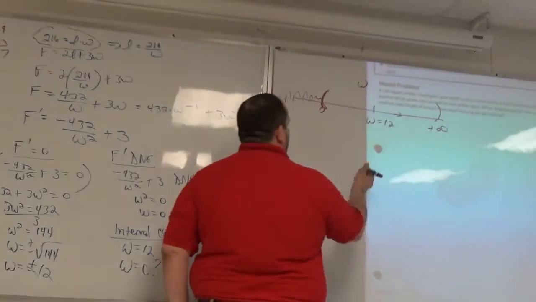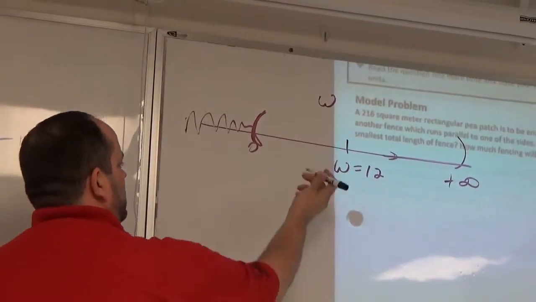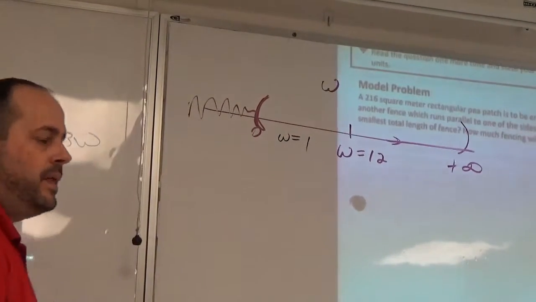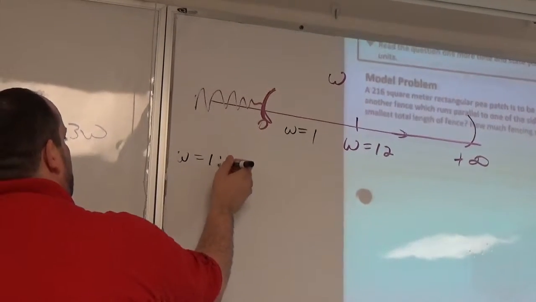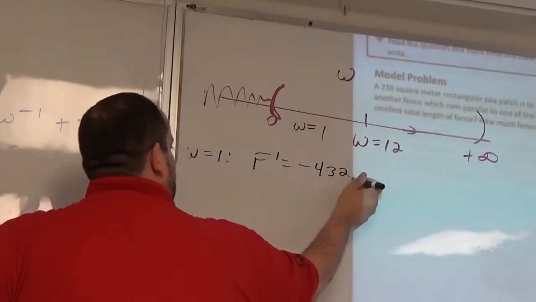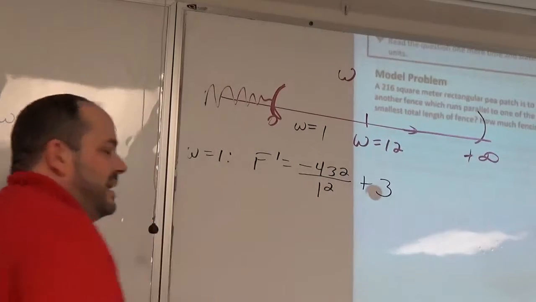So what I'm going to do, pick a test value. I need a good test value between 0 and 12. How about 1? And I'm going to plug my test value into the derivative. At w equals 1, f prime is negative 432 over 1 squared plus 3.